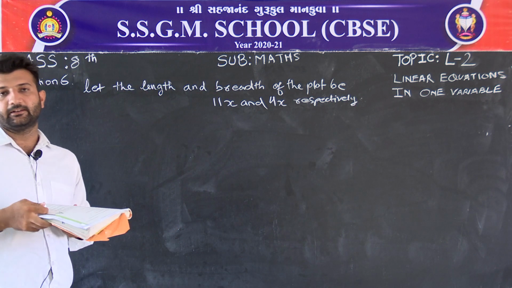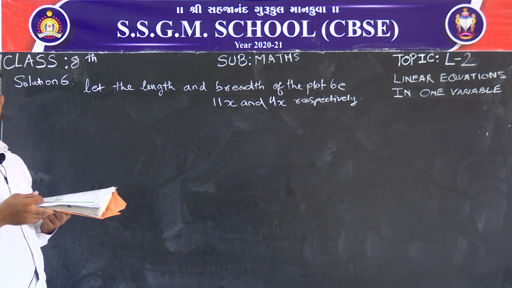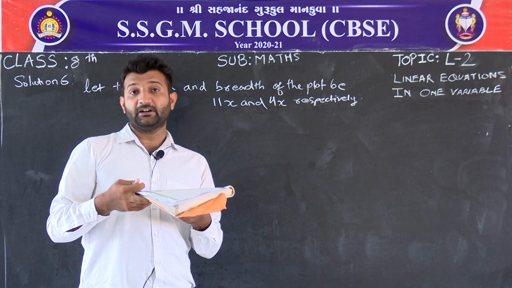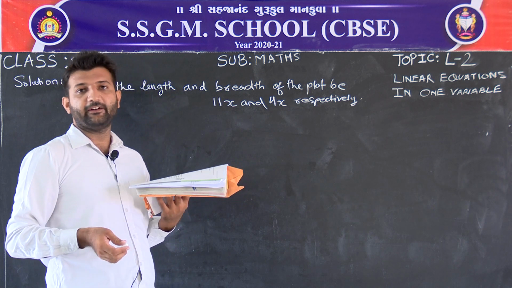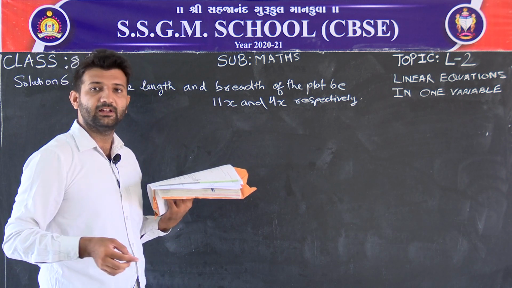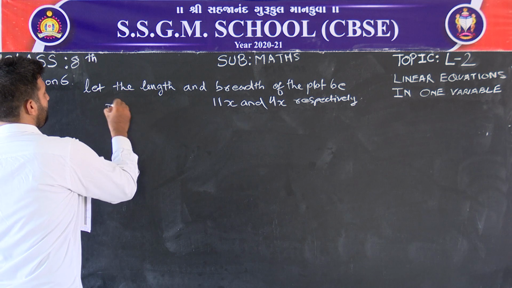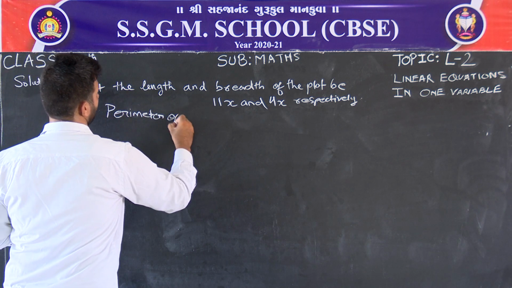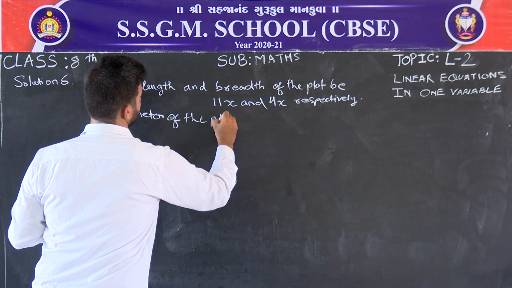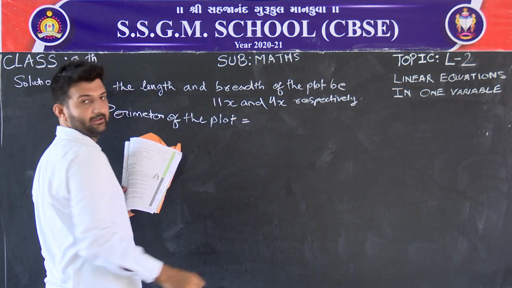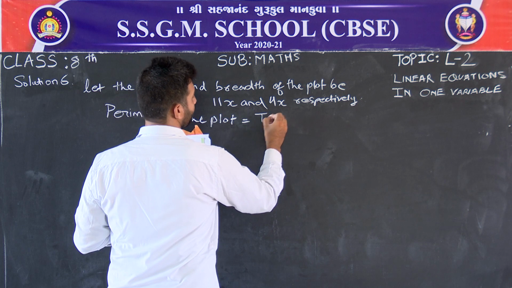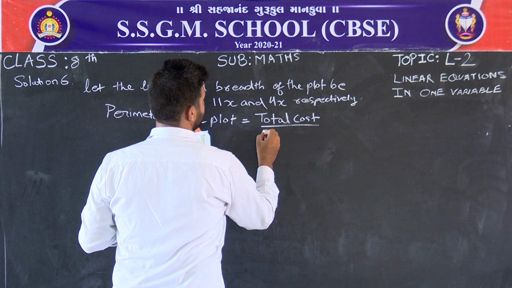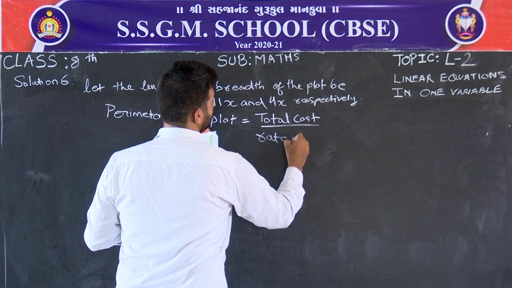Also in this question, the total cost and the per meter rate are given. So we can find the perimeter of the rectangular plot. So perimeter of the plot will be total cost upon rate per meter.